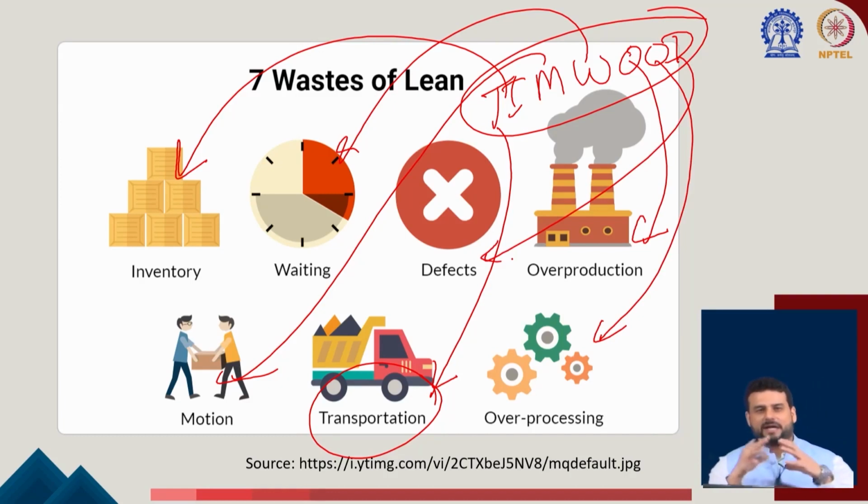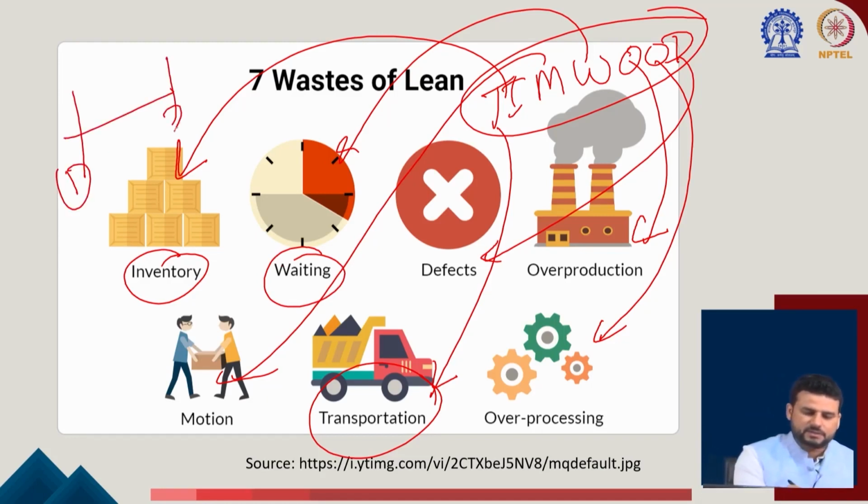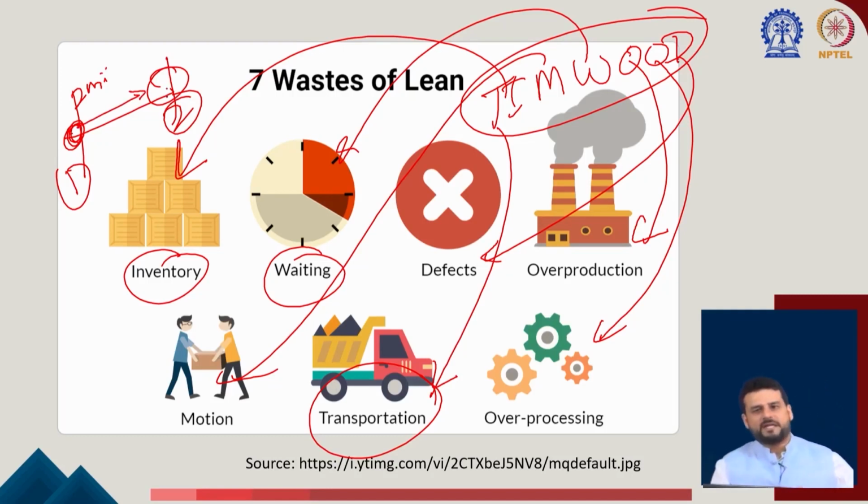Anything you are doing here, inventory, as I told you in the example, is waste. If I am waiting for my product, that waiting time is waste. If 2 workers are at stage 1 and stage 2, and one is processing the product for 2 minutes, the other is just waiting idle for 2 minutes.